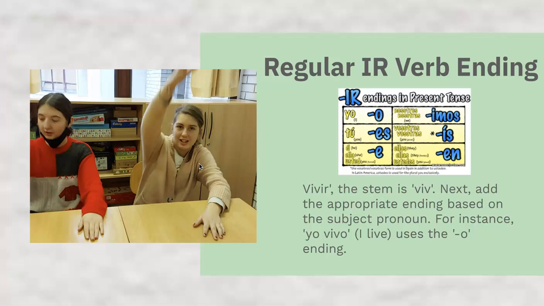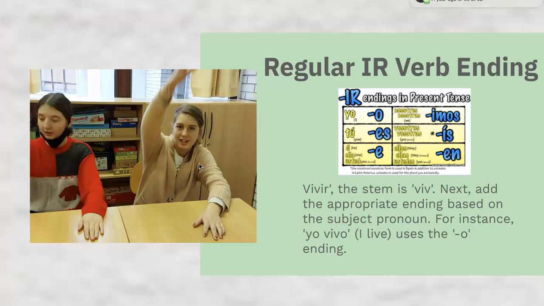So for IR verb endings, we got yo is O, tú is S, él, ella, usted is E, nosotros or nosotras is imos, vosotros or vosotras is ís, ellos, ellas, y ustedes is en. So vivir, the stem is VIV. Next, we're going to add the appropriate ending based on the subject pronoun. For instance, yo vivo is I live.